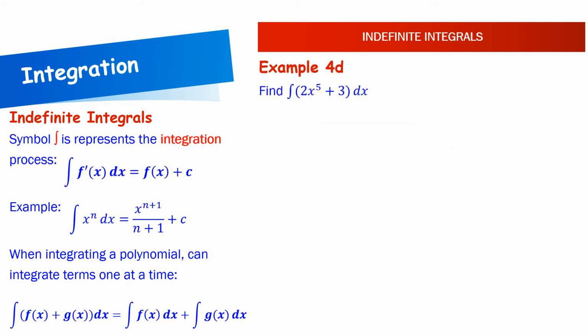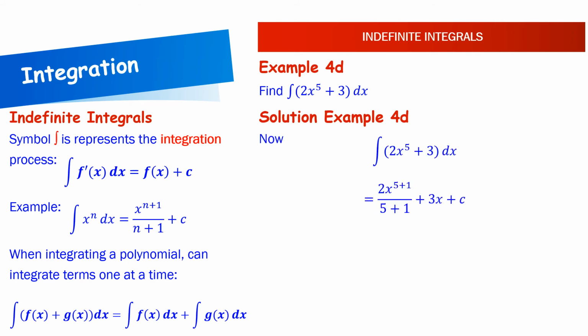And now for another example. Find the integral of 2x to the power 5 plus 3 with respect to x. So solving this gives us the integral of 2x to the power 5 is 2x to the power 5 plus 1 all over 5 plus 1, plus the integral of 3 with respect to x, which is 3x, plus the constant.